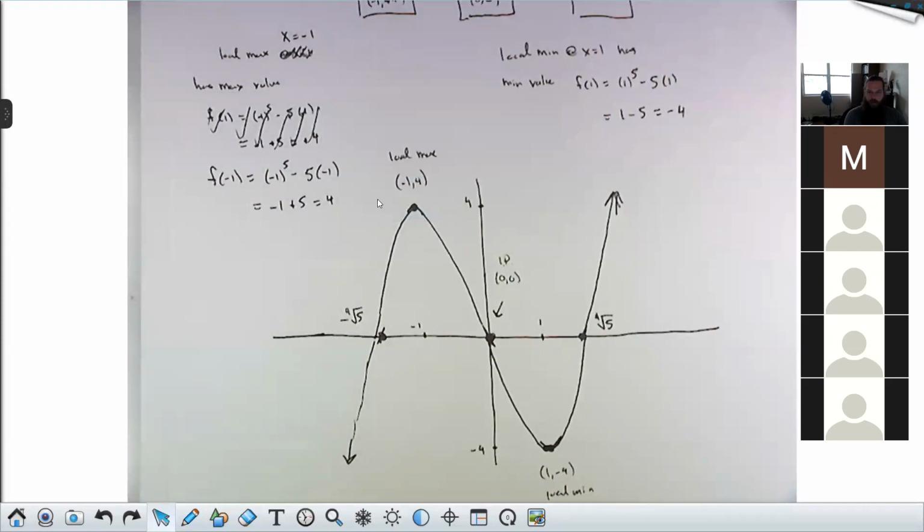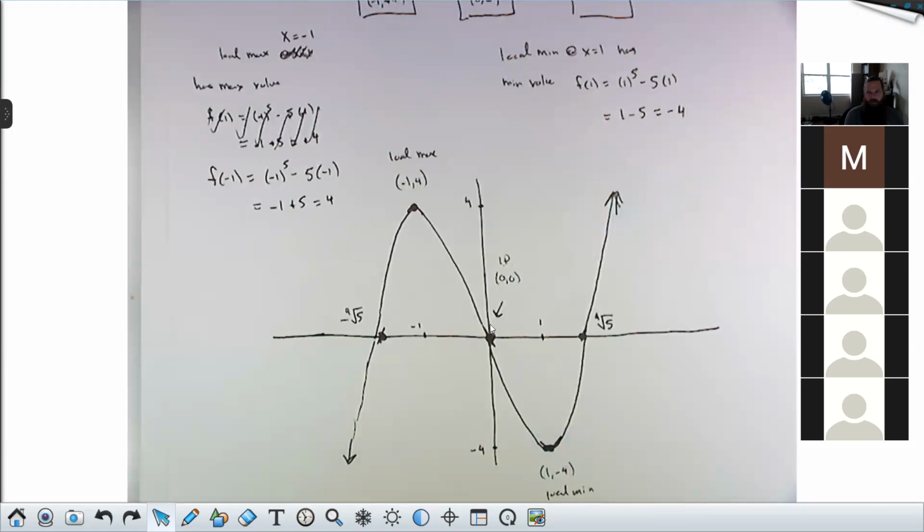And so we might be inclined to think that that's the absolute max, but it isn't, because this function goes up and up and up on the right. So this function doesn't have an absolute max, nor does it have an absolute min. This is the only local min, so we might think that it's the absolute min, but this function goes down and down forever. So this function has no absolute min.